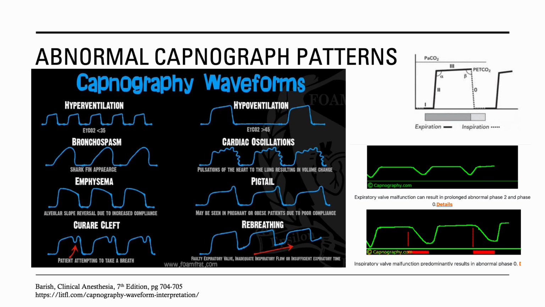So if you're going to remember any two for the exams, take a look at those two, and please spend some time with these various waveforms. I have a really good reference on the bottom left from Life in the Fast Lane, as well as the chapter in Barash.